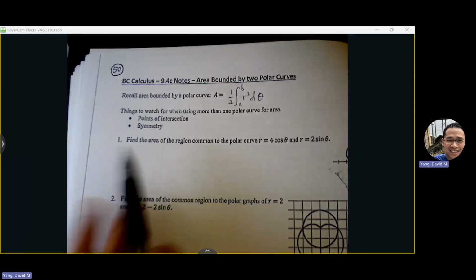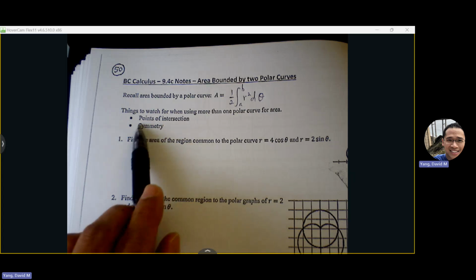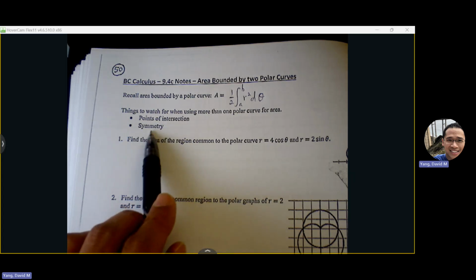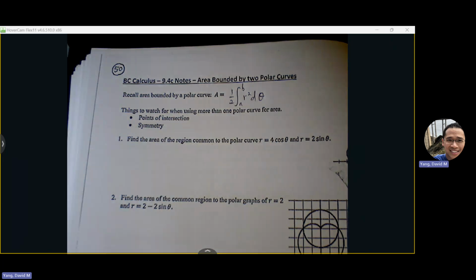And then symmetry can also play a huge role. If we know there's symmetry, we can save a lot of time because rather than trying to find the area here, area there, we can just find the portion that we need and then double it or triple it, depending on what we're looking for.